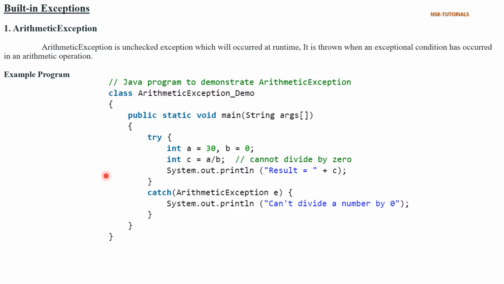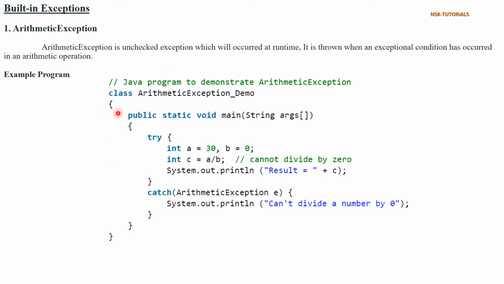Built-in exceptions, one of the example is arithmetic exception. Arithmetic exception is unchecked exception which will occur at runtime. It is thrown when an exceptional condition has occurred in an arithmetic operation.